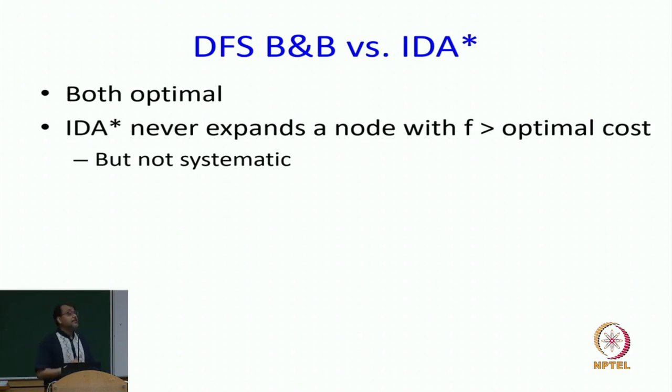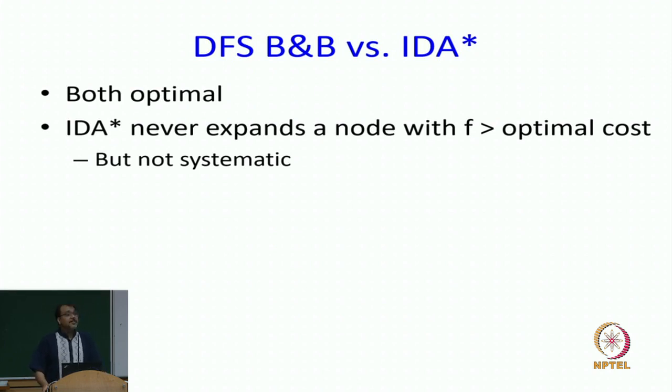At the same time, it never expands a node where f is greater than optimal cost. IDA star is guaranteed to never expand a node beyond the bound, and whenever I hit the optimal cost bound, that is when I will find the goal, but I will never expand any node where f is greater than optimal cost.